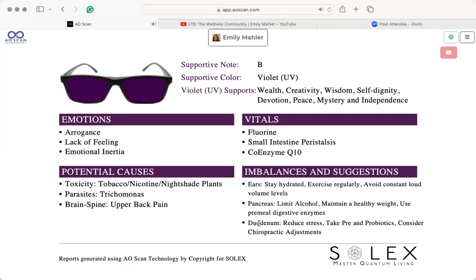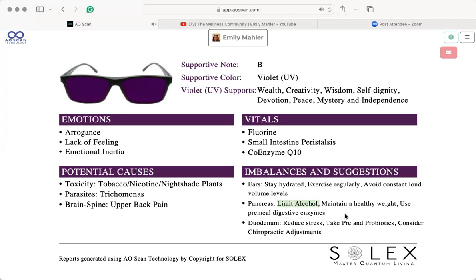So the pancreas and duodenum, those are related to the digestion. This was what I saw that I wanted to highlight. Limit alcohol. I am not currently drinking alcohol, but because I'm not drinking alcohol, I know that's not something my body needs to reduce.